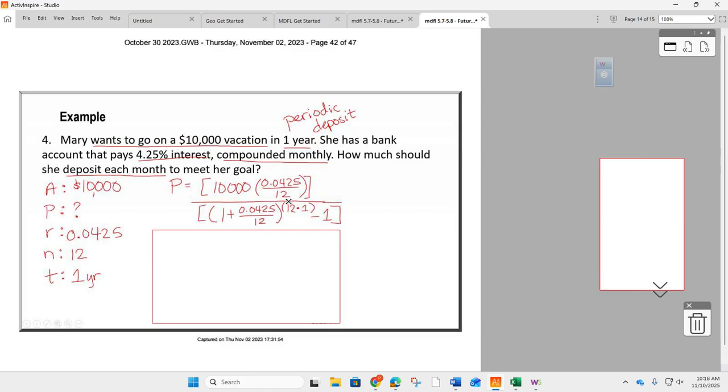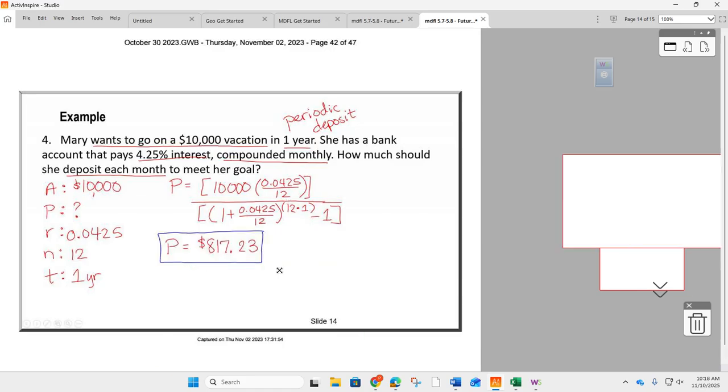So that would be 817.23. If she deposits 817.23 every month, given this, she should have $10,000 in a year.